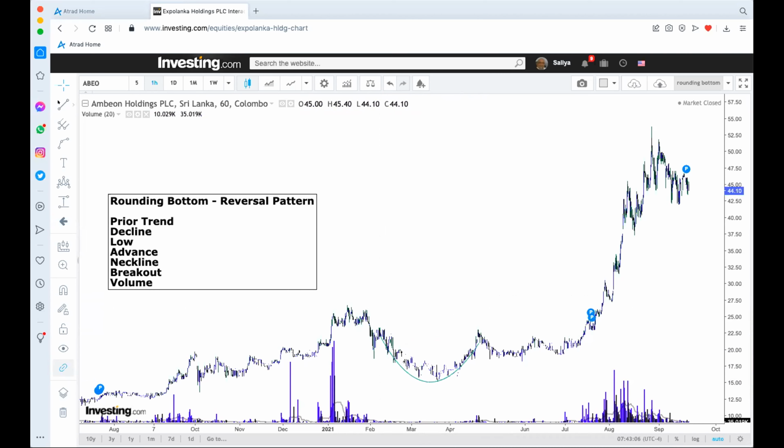So you join those two levels. That is the neckline, right? The breakout point. Actually speaking, that's the resistance. We make use of that line to do our projections.